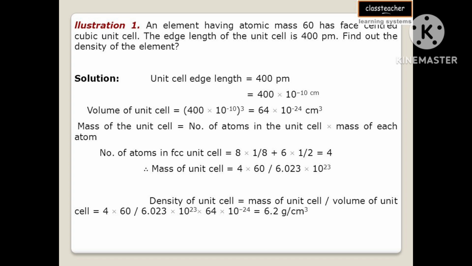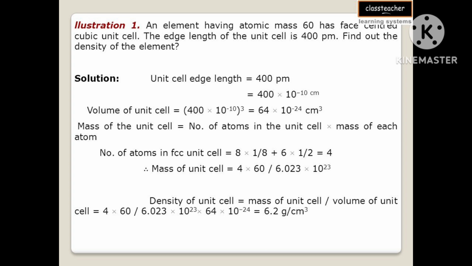Volume of the unit cell is a cubed, where a is the side, means edge. IIT JEE, edge means a side. That is given, 288 picometer. Then 288 power 3, that you will get as volume.